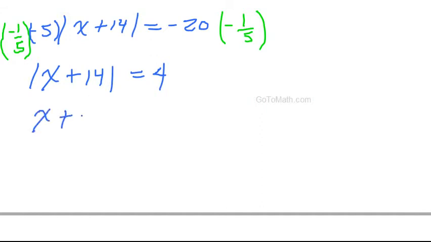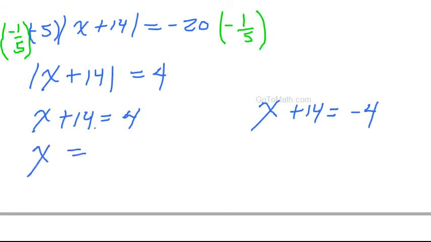And so we have x plus 14 is equal to 4. And of course we're going to rewrite this again, x plus 14, except this time we're going to multiply this side by negative 1. And so that gives us a negative 4. So now we have two equations, and we want to solve and find the solution for both of these equations.